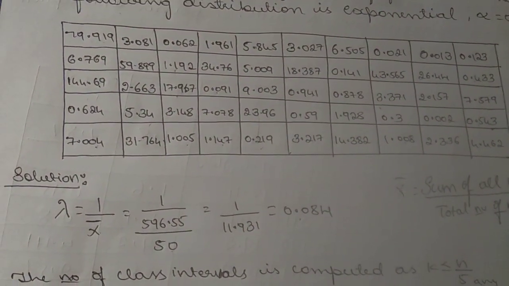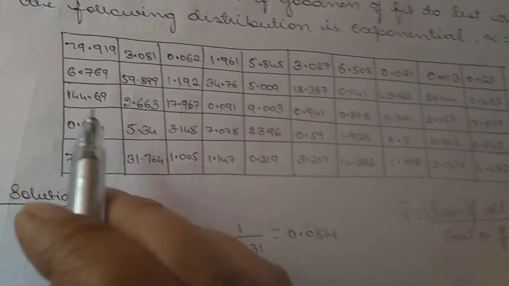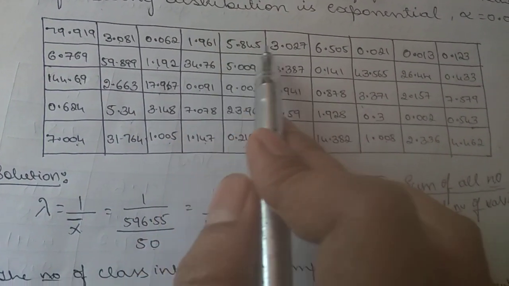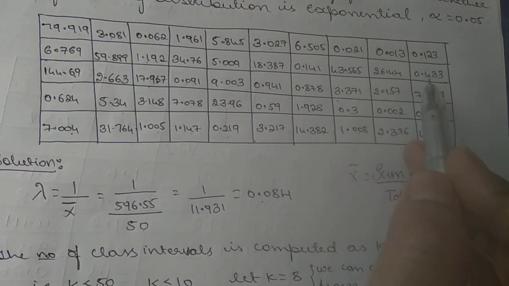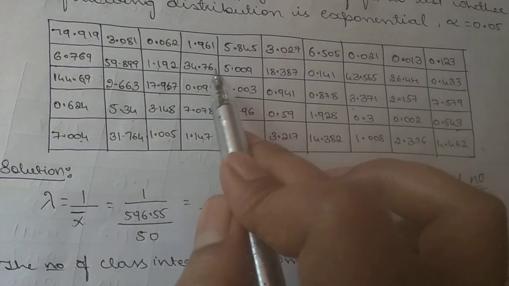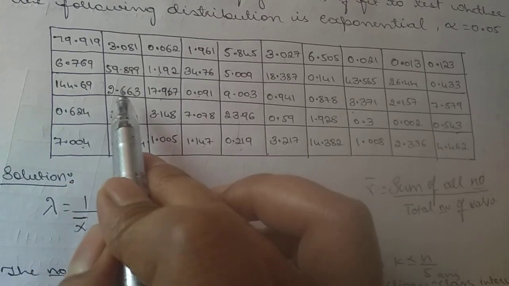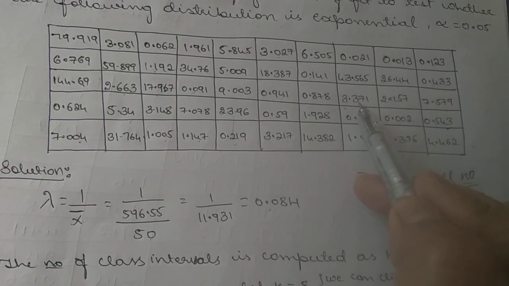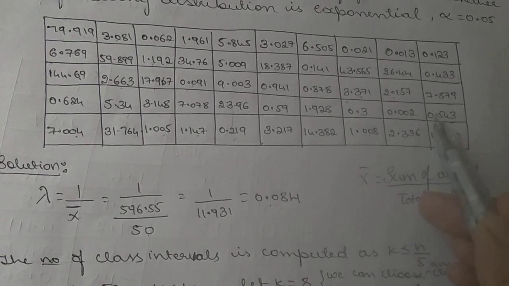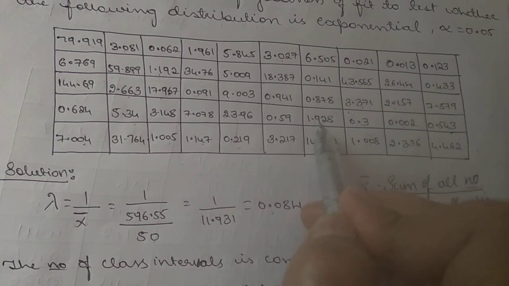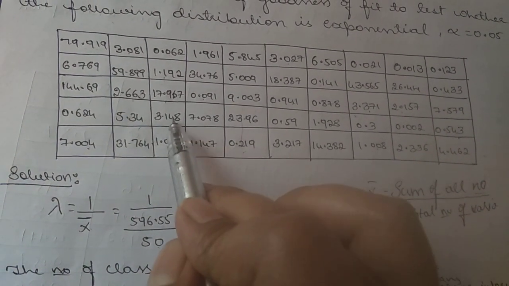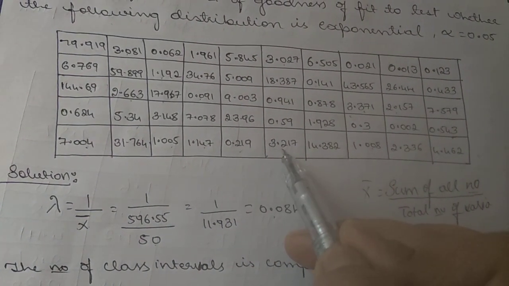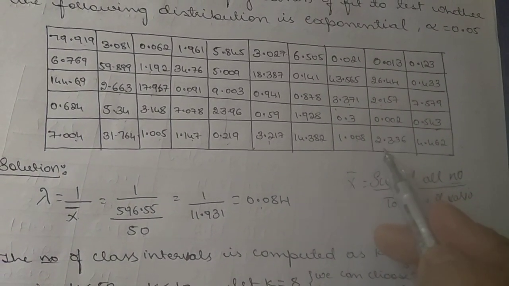You just search. 1, 2, 3, 4, 5, 6, 7, 8, 9, 10.